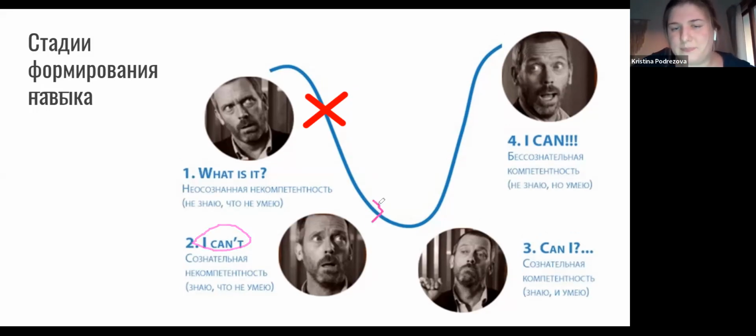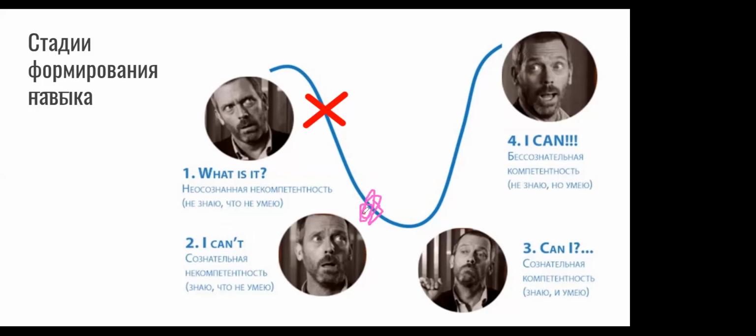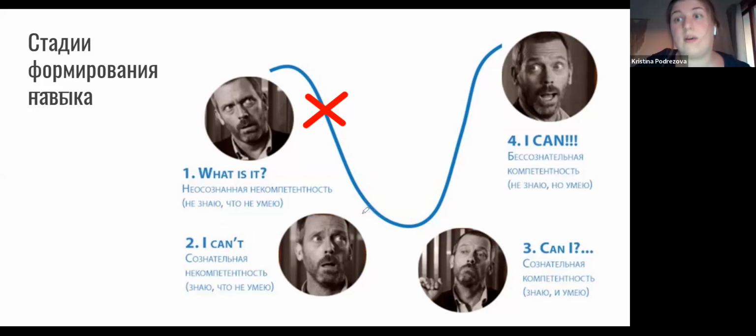You understand that it's difficult. You have to learn a lot. You have to spend a lot of hours in order to start riding a bicycle, right? It's not that easy. You have to think about balance, about where you're going, and you have to avoid hitting a tree, right?